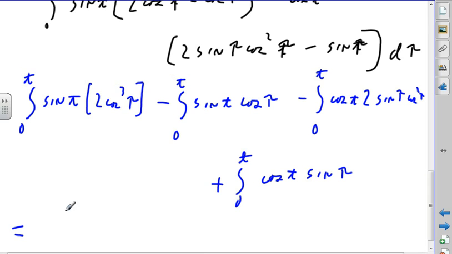4 1/2. So this is going to be 1/2 sine, 1/2 cosine, 1/2 cosine to the 4th tau. And the derivative of cosine is minus sine, so I'm going to have to have minus sine there, 0 to t.